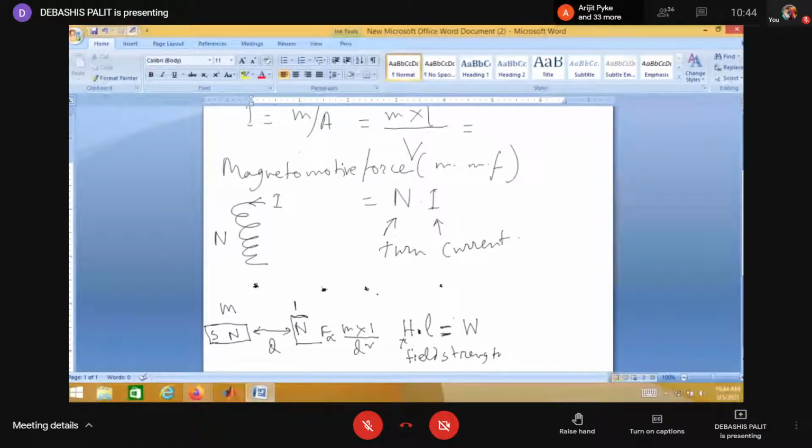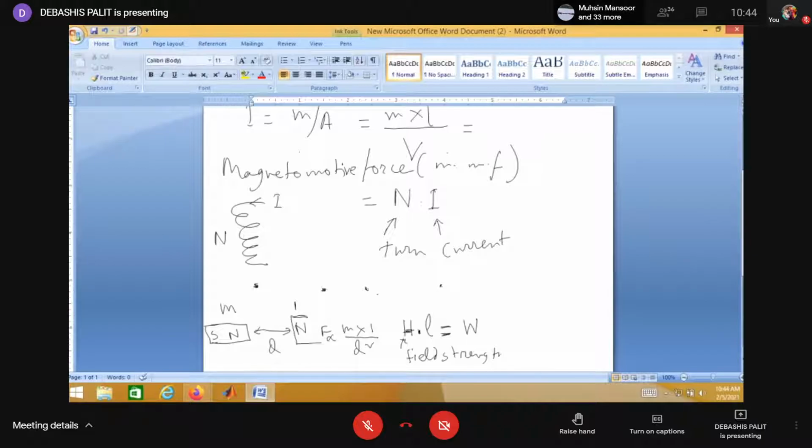Magnetic field strength. According to Coulomb's law, if a current is flowing in a coil, then there is a formula for field strength.